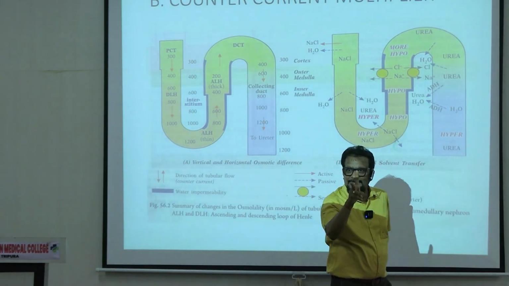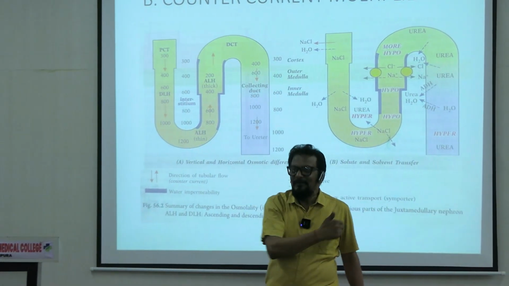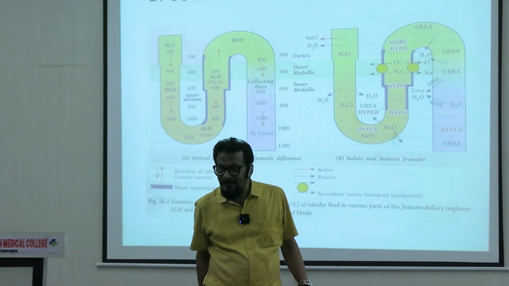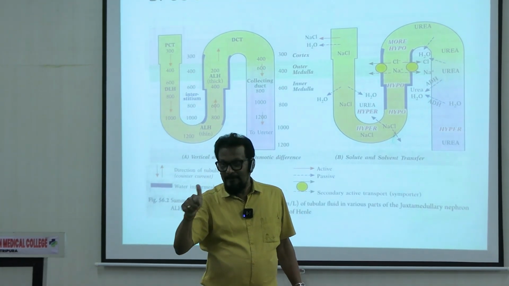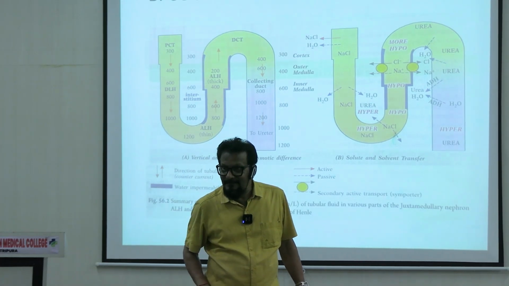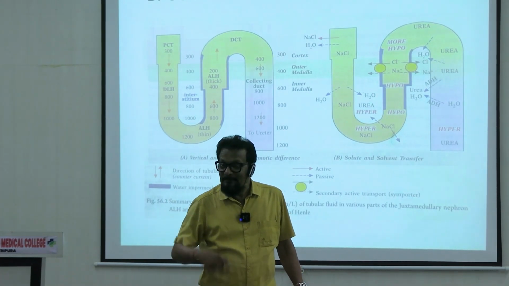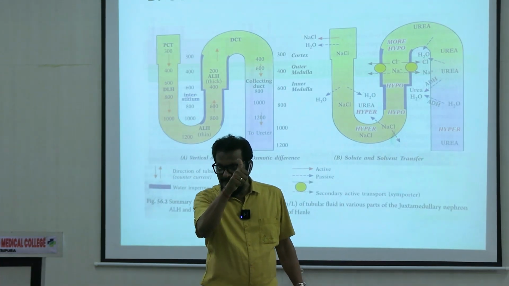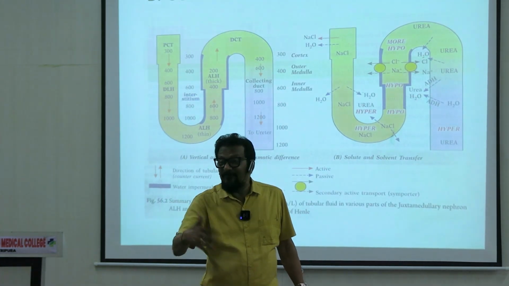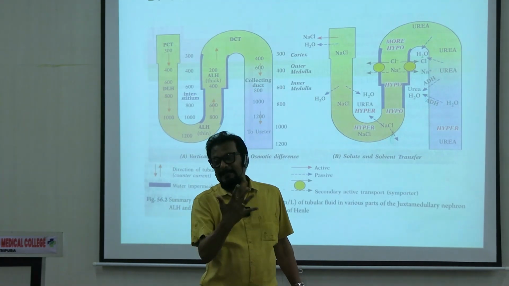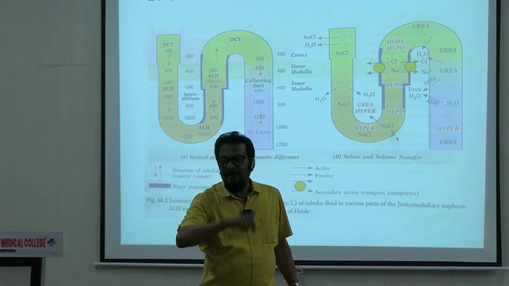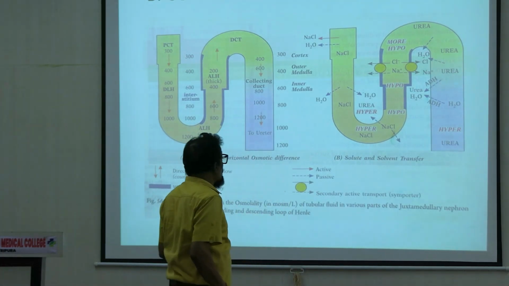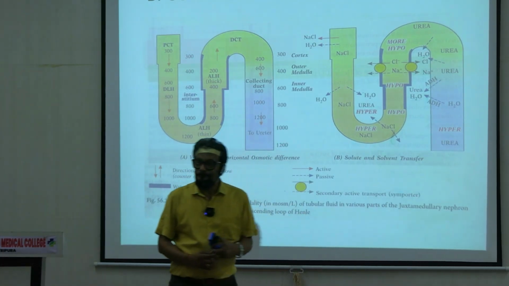So there is a difference, and urea will come out. This has one advantage for the interstitium, because this urea will increase the hypertonicity. So it further helps in increasing the hypertonicity at the medullary region. Okay, so these are the roles of urea.